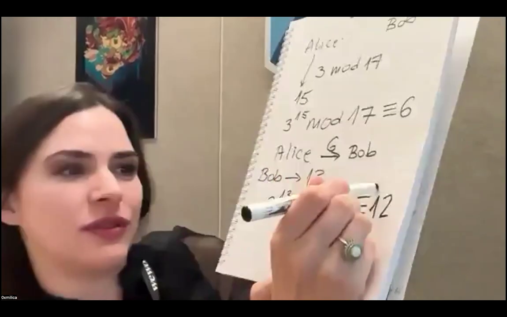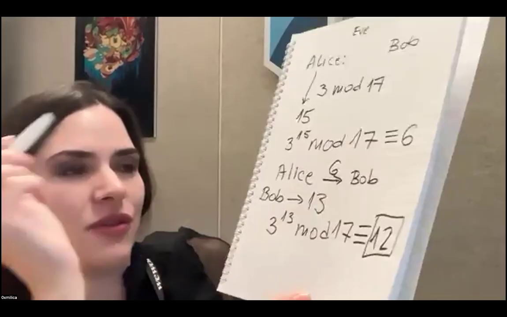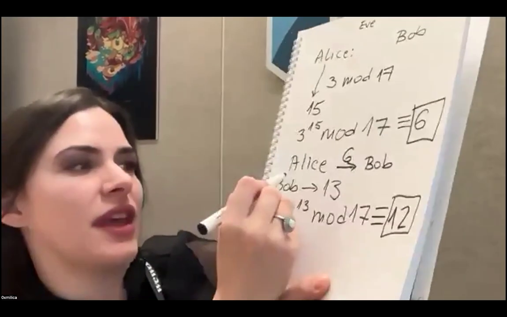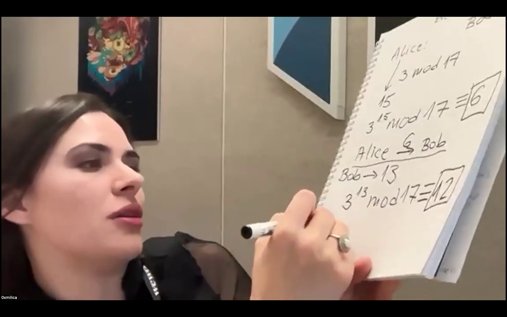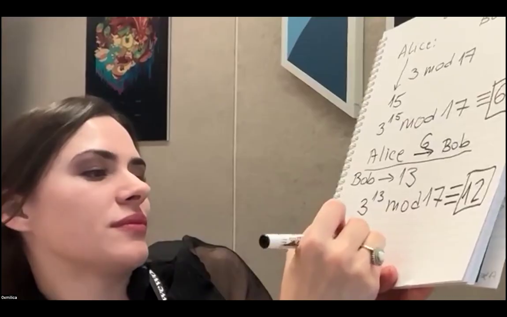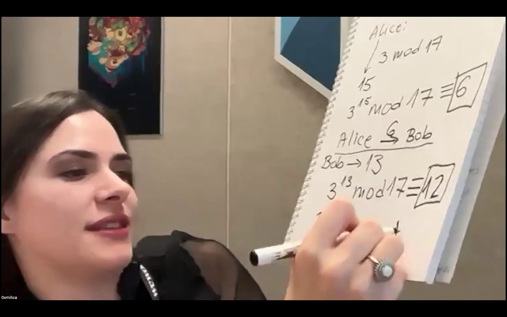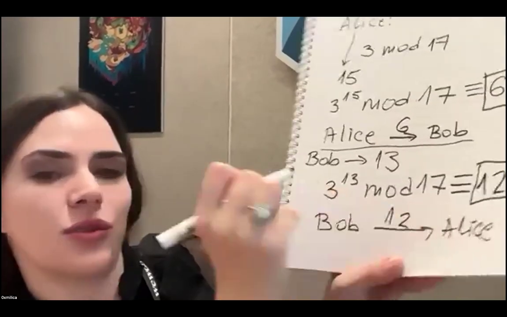So we have Bob's calculation here, and Alice's calculation here. Alice sends 6 to Bob. Bob will send to Alice 12.